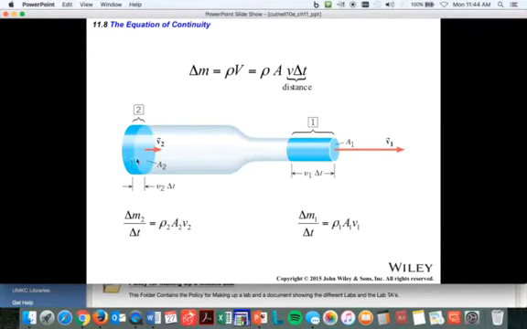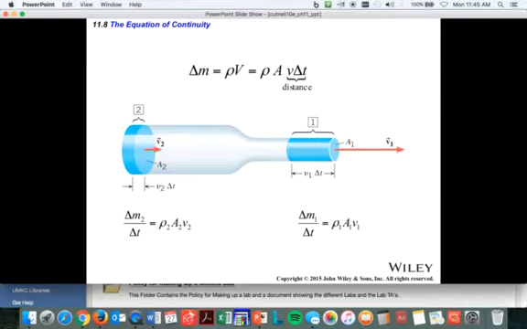Same amount here, but it made it go faster, because rho V equals A V times delta t, so the distance it had to travel. So it's got to speed up, because it's got the same amount of time. It's going to cover this distance and this distance in the same amount of time. So therefore, it's got to go faster.